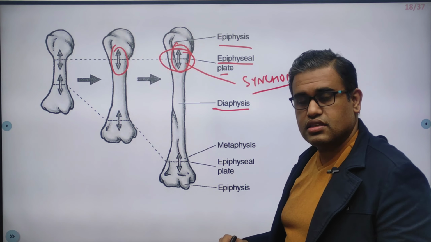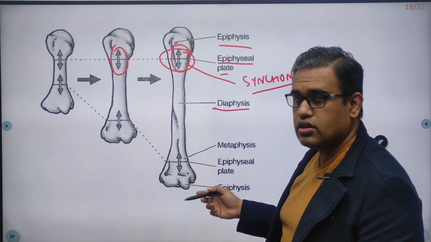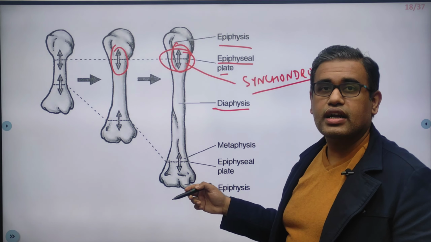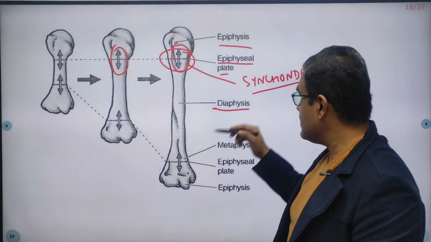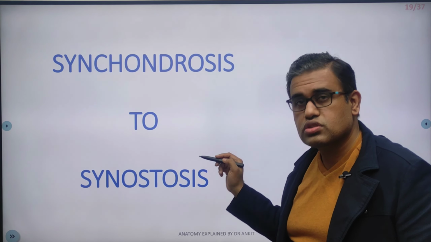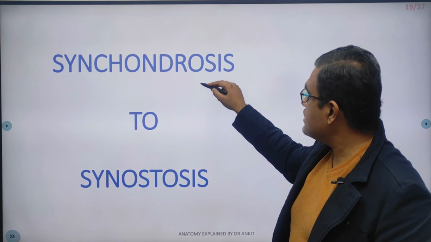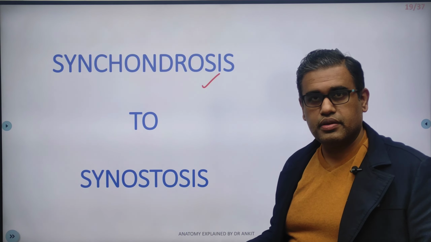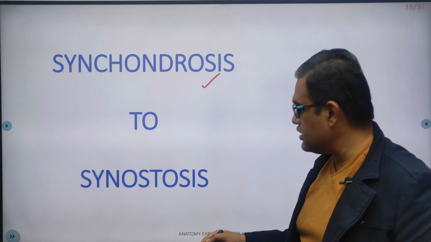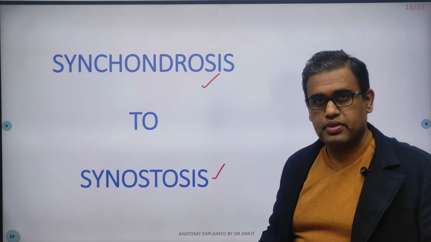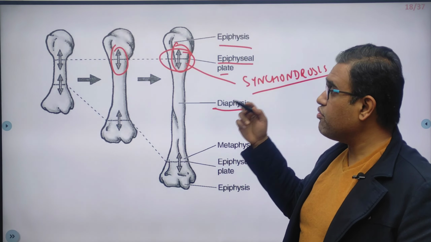In an X-ray, you see its radio-opacity. There is no cartilage then. Therefore, in synchondrosis, the cartilage fuses and becomes bone. So this synchondrosis becomes a synostosis. This sort of joint, a primary cartilaginous joint, is basically a temporary joint, because later on it has to fuse and form a complete bone over here. That is synostosis. So this was an example of primary cartilaginous.